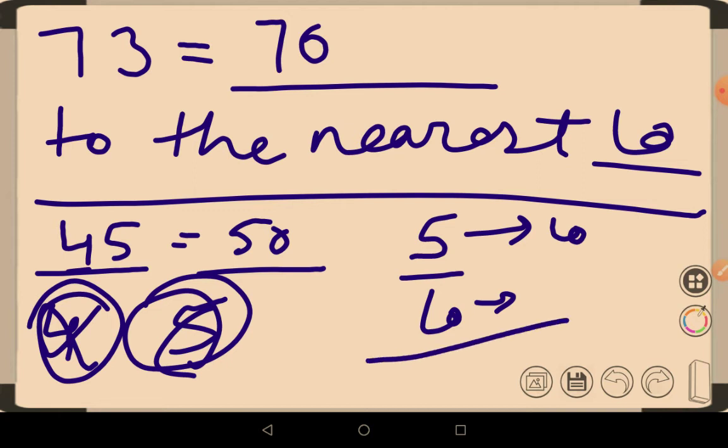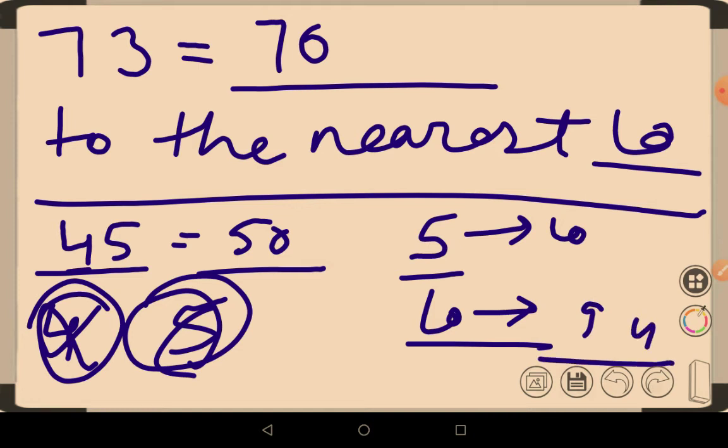Yes, you have to learn it. This is your question. See your question. Where will 10 be rounded off? Everybody will say it could be 9 or 11. No children, first of all, compare.